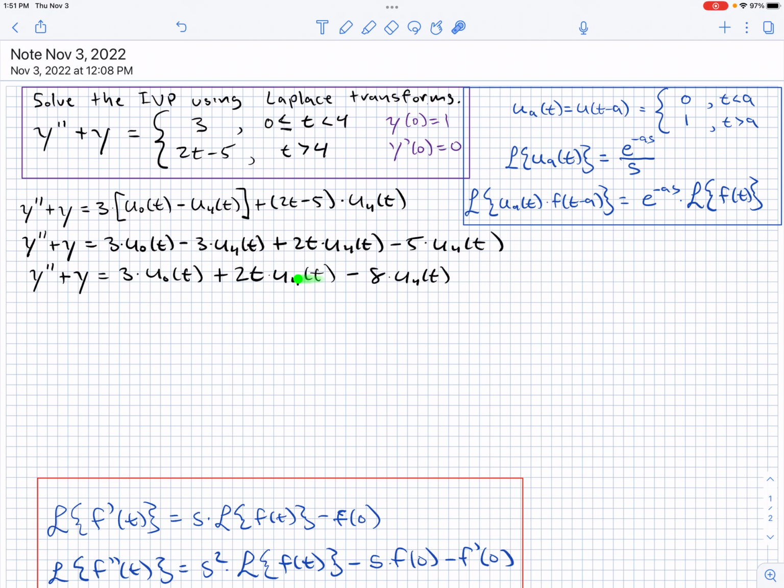Similarly, well, not similarly, but this one is where we need to adjust something. Minus 8 u sub 4 of t. That again is also okay because we don't have to adjust it at all. It's just 1 essentially, and we don't need to worry about that.